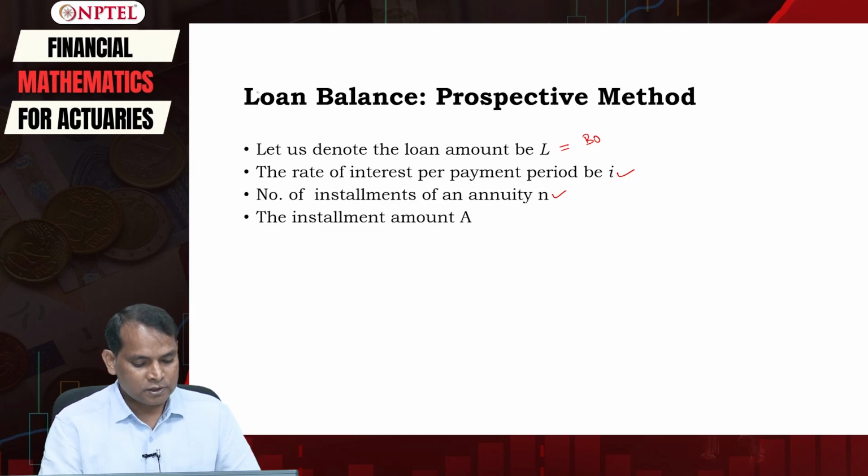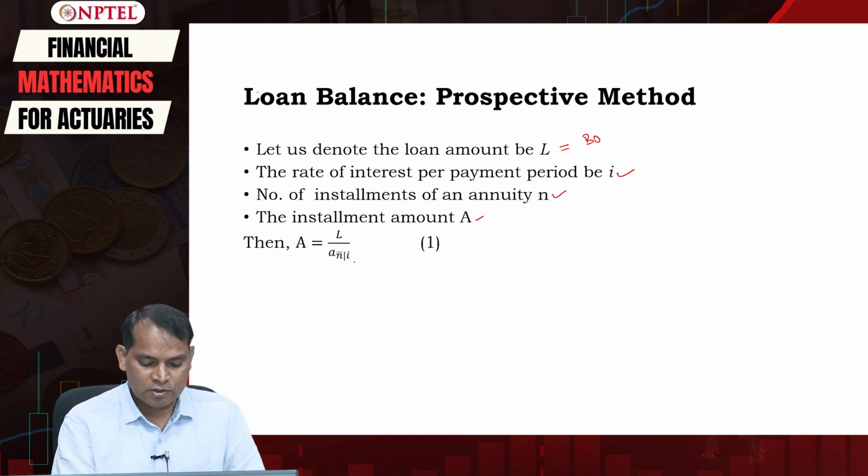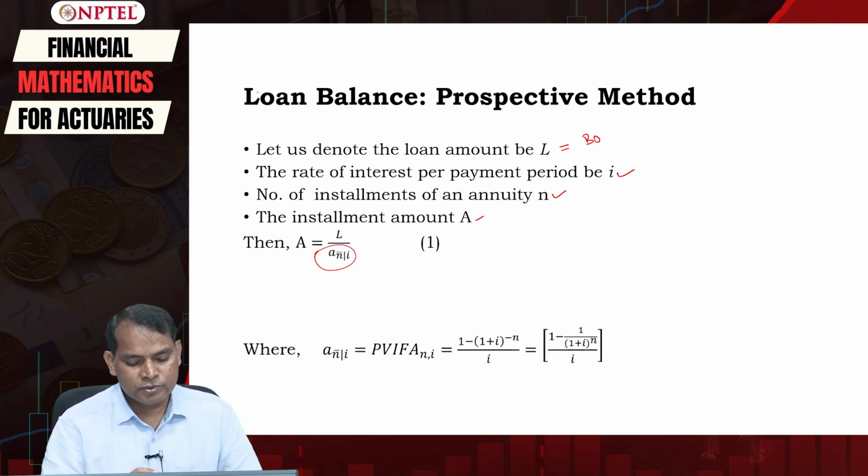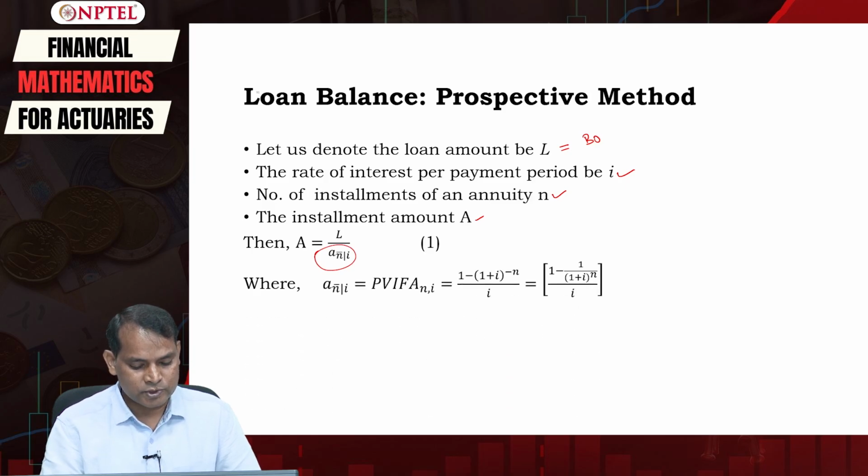Then we can compute the installment amount A using the formula A is equal to L upon a angle n at i, where a angle n at i is nothing but the present value interest factor for annuity given n time periods and i interest rate, which can be computed as 1 minus (1 plus i) to the power minus n, divided by i.